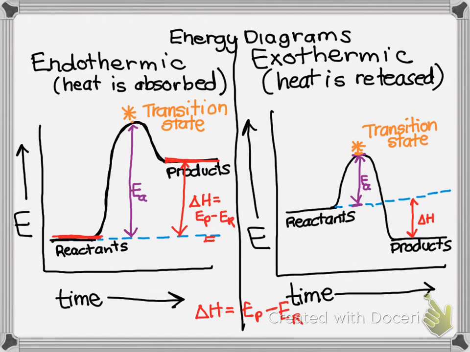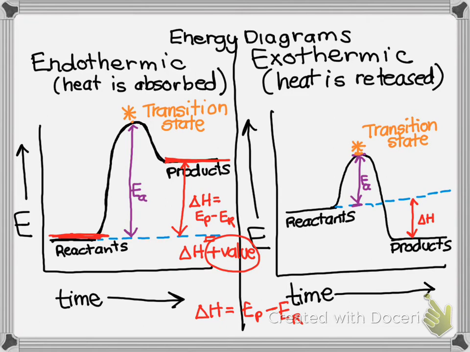So if you take a larger number and subtract a smaller number, then you get a positive value. Remember, one of the things we said in an earlier video is that endothermic reactions have a positive value for delta H. That's because the products have higher energy than the reactants.